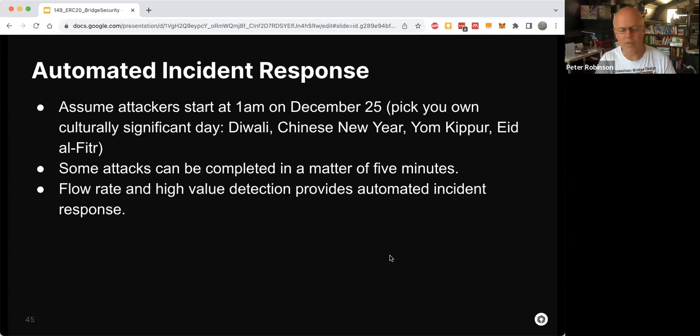You can assume the attackers have looked at LinkedIn, worked out where everyone in your company lives, and tried to work out the org chart. The attack is often started and finished in 5 minutes or so. So having something like flow rate and high value detection that automatically tries to deal with incident response is a really valuable thing to try and do. Because it's on chain, it can happen immediately and stop things in progress. So I think it's quite valuable.